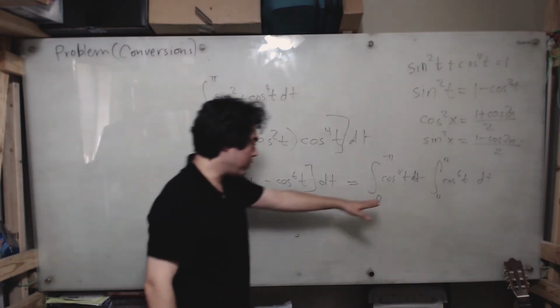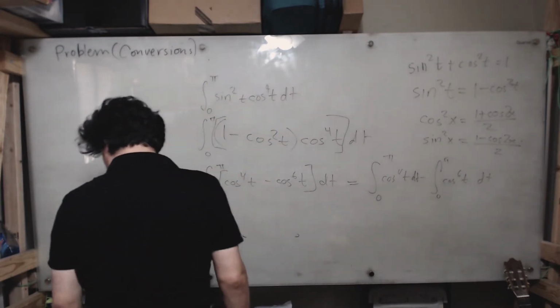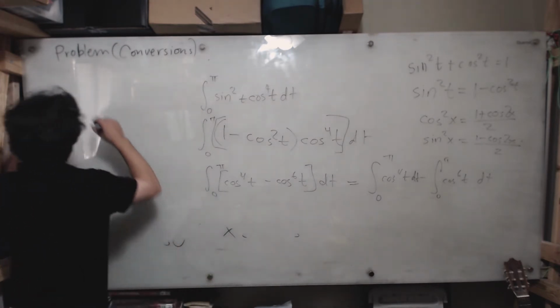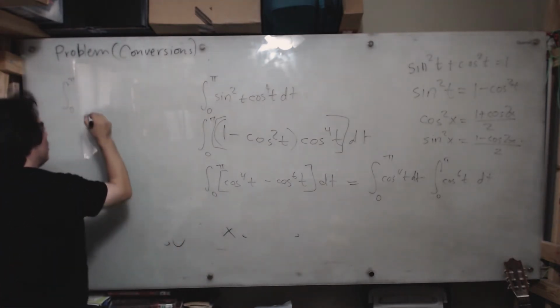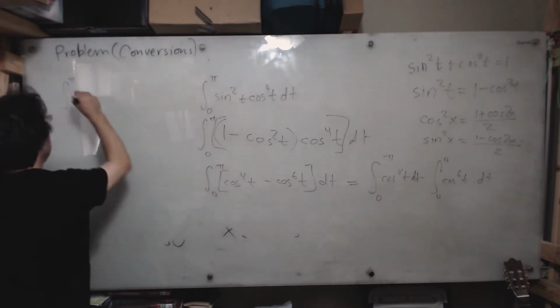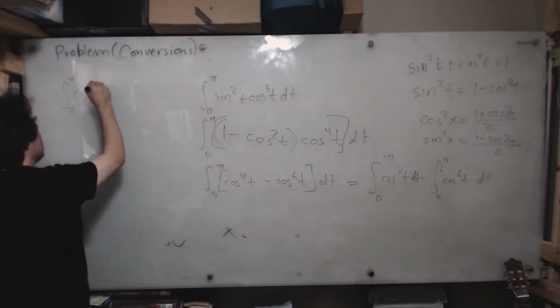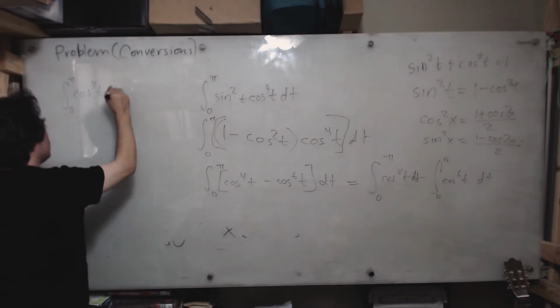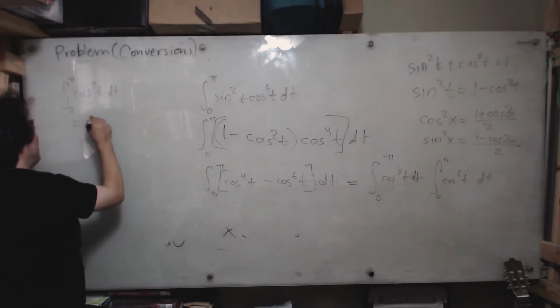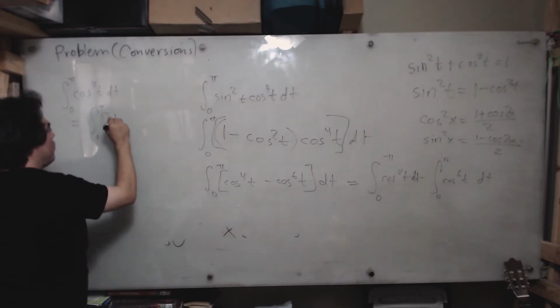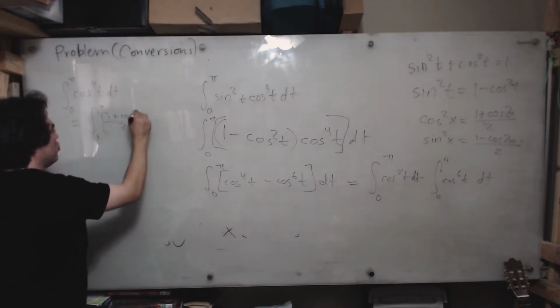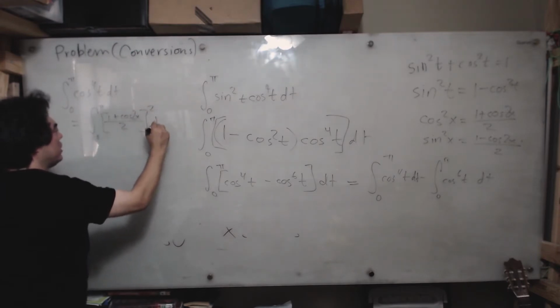And so I can rewrite this integral over here. The integral from 0 to pi of cosine to the 4th t dt is the same thing as the integral from 0 to pi of the quantity 1 plus cosine of 2x over 2, squared, dt.